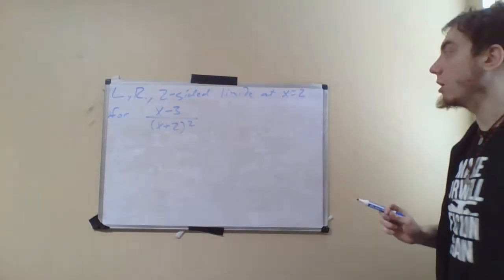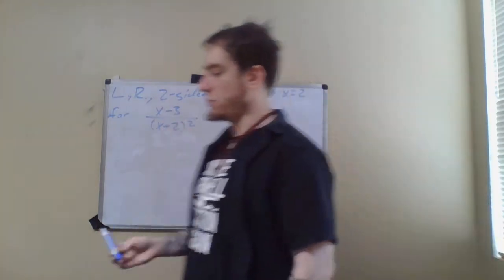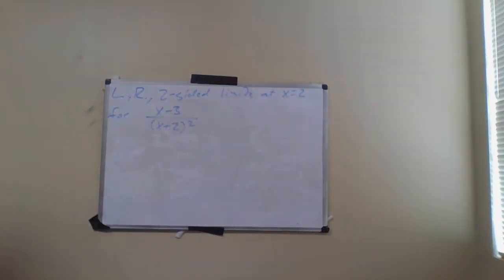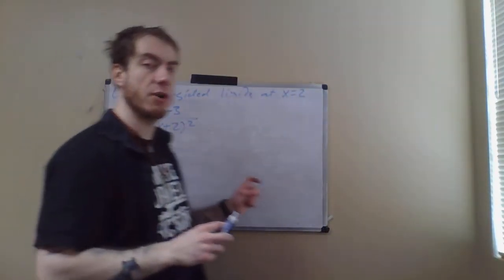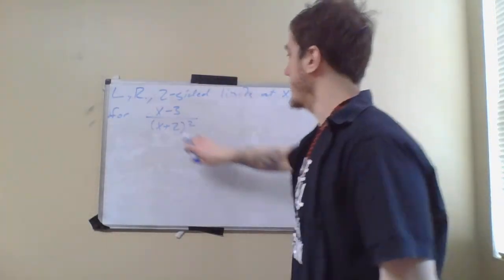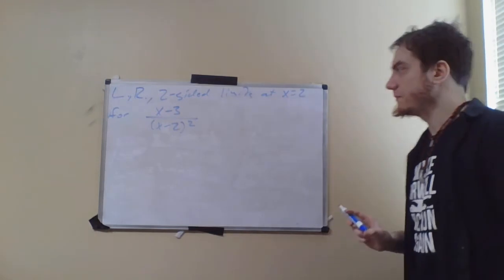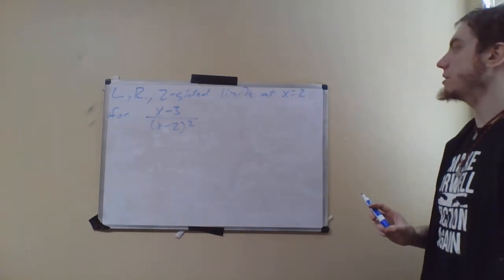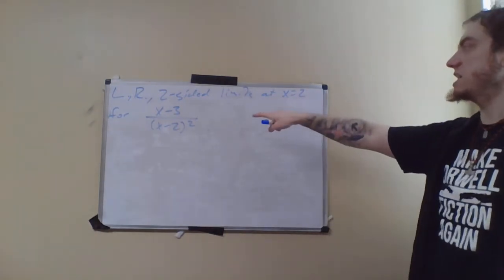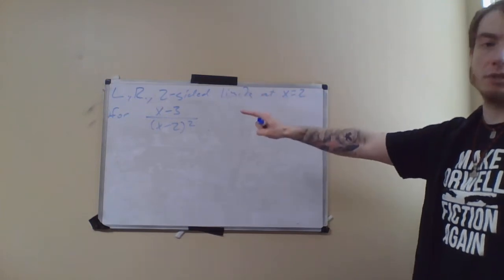Whenever you're dealing with a limit, you first want to see if you can do it by evaluation, if you're dealing with a rational function. I'm sorry, I meant to say x minus 2, not x plus 2. In this case, we cannot just do it by evaluation because we get negative 1 over 0.